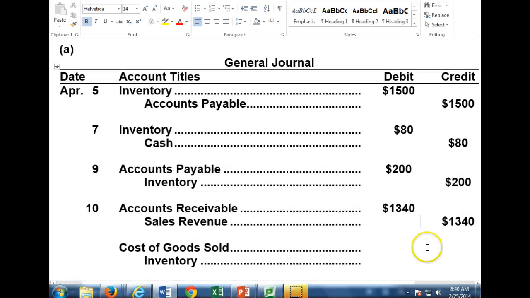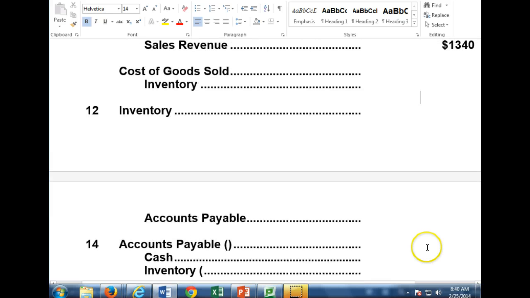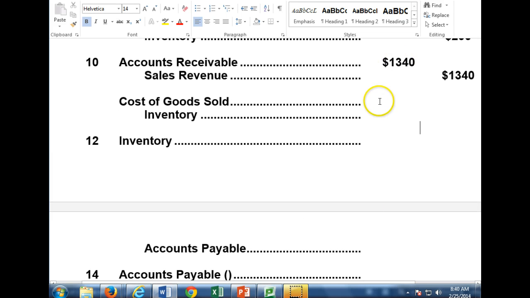And how much did the merchandise cost? $820. So we're going to show that we sold that inventory, and we're going to reduce our inventory by that amount, aren't we? Is it making sense? Yes, no? Yeah.